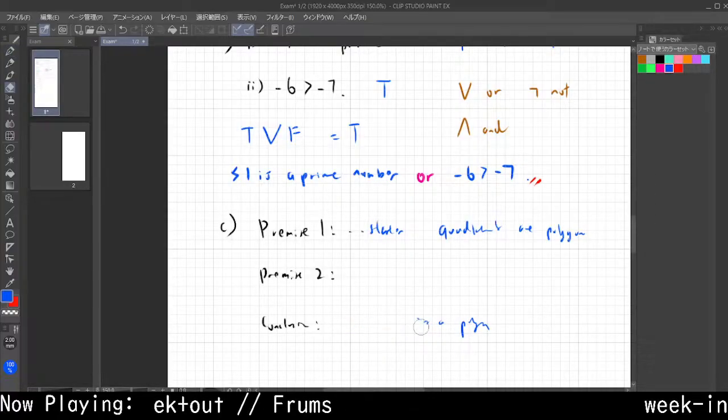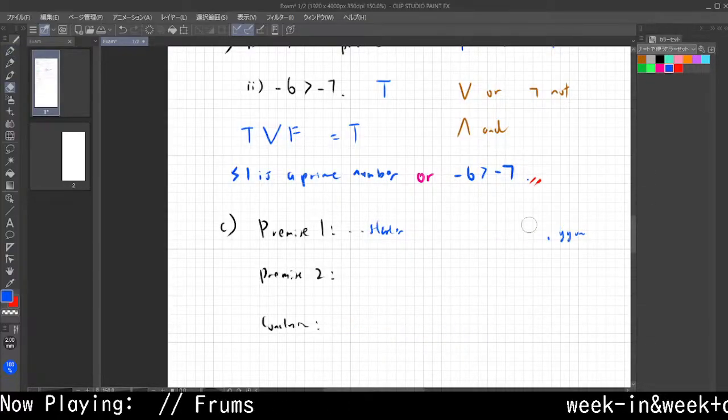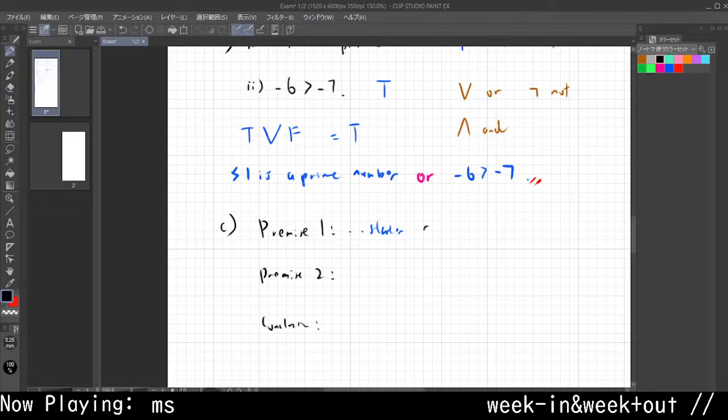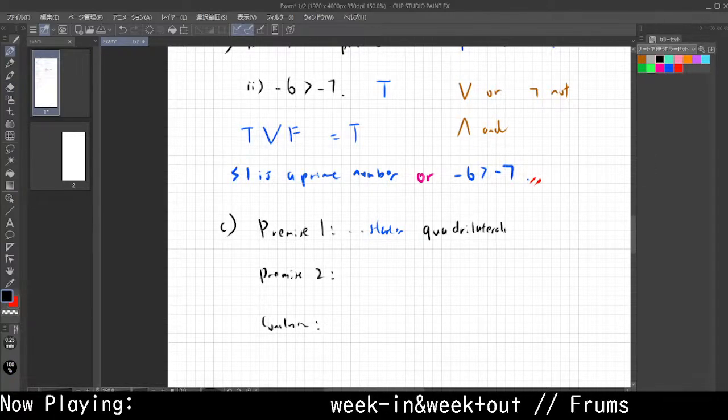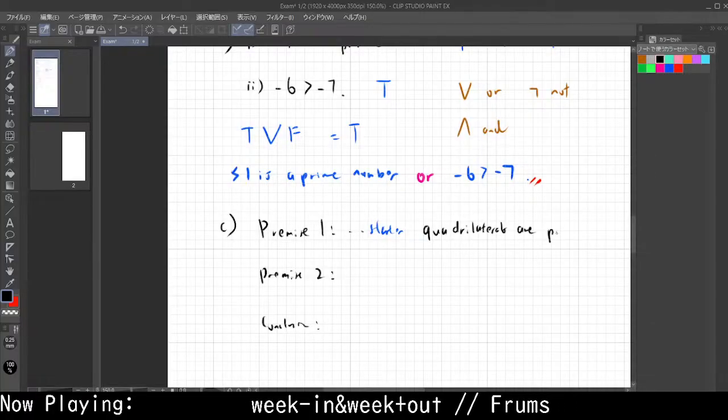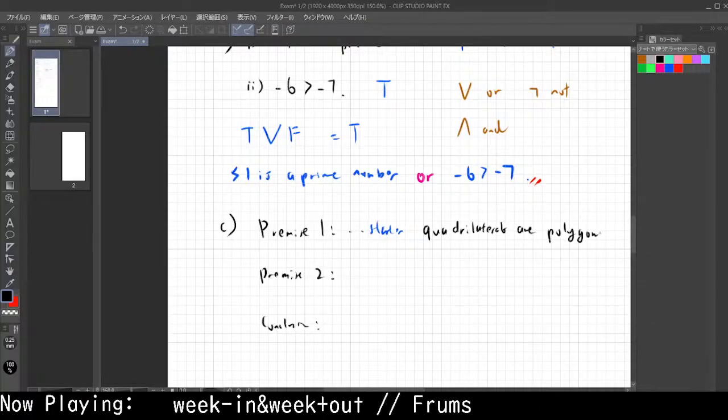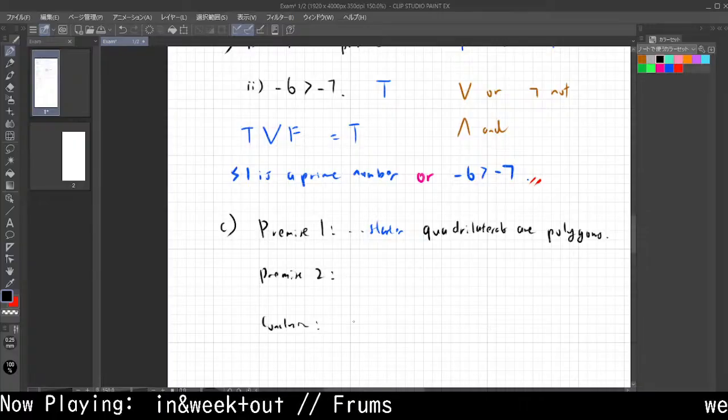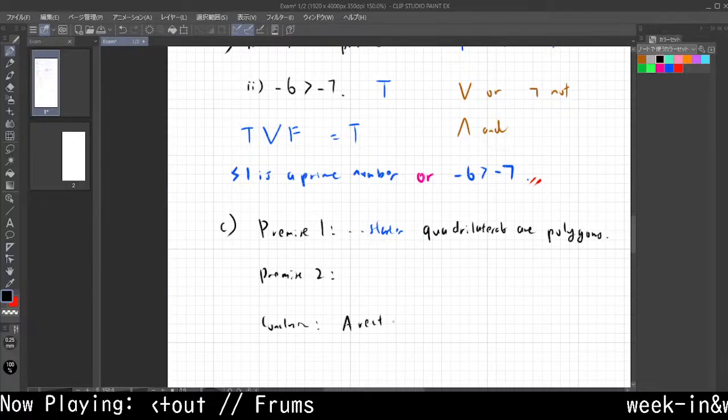My handwriting is... So since your starter is quadrilaterals and polygons, and then you look at the conclusion, it concludes that something is a polygon.